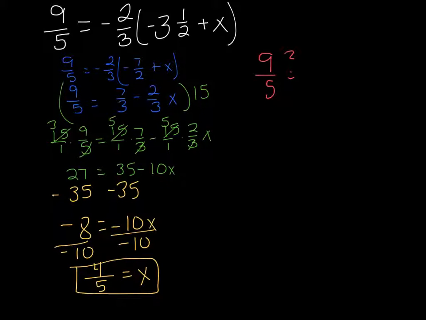9/5 should equal negative 2/3 times, we'll do negative 7/2 again instead of 3.5, plus 4/5.